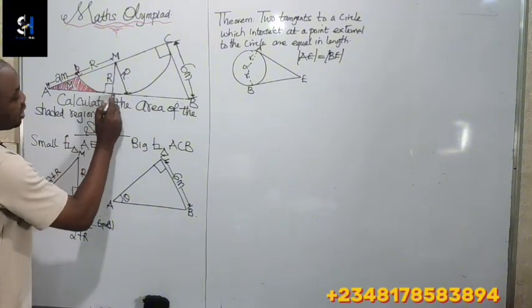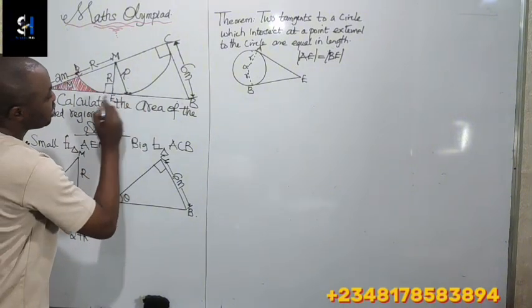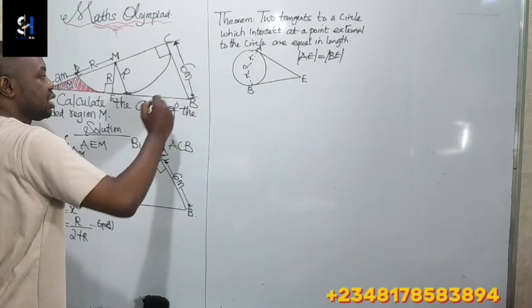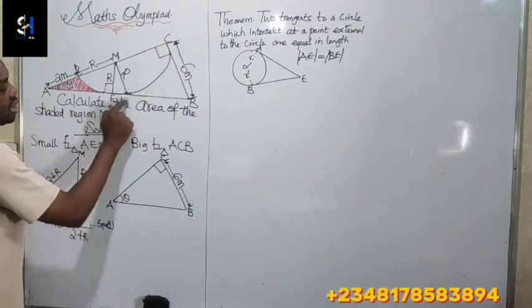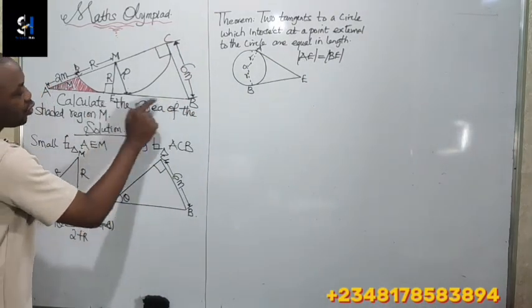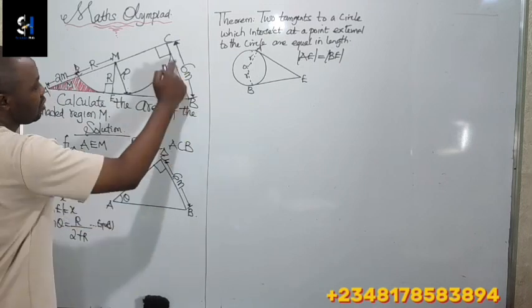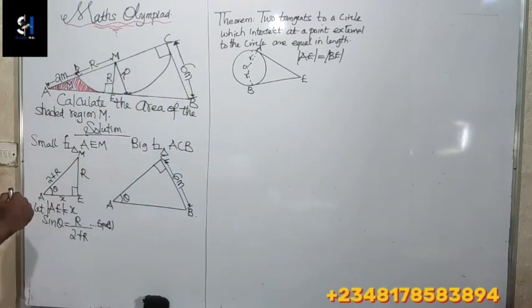So this is a tangent. This is a tangent, and this is a tangent as well. So which means that the length of side EB would be 6 meters.